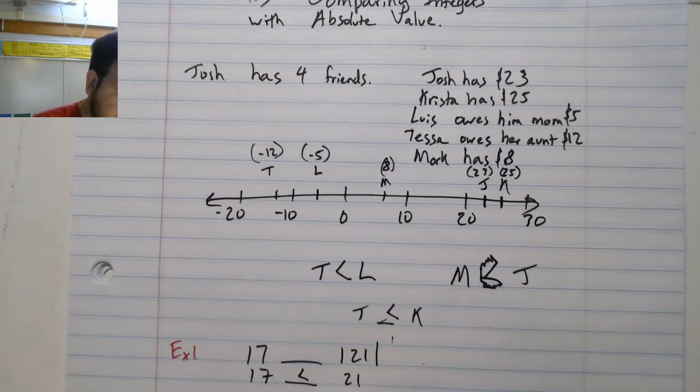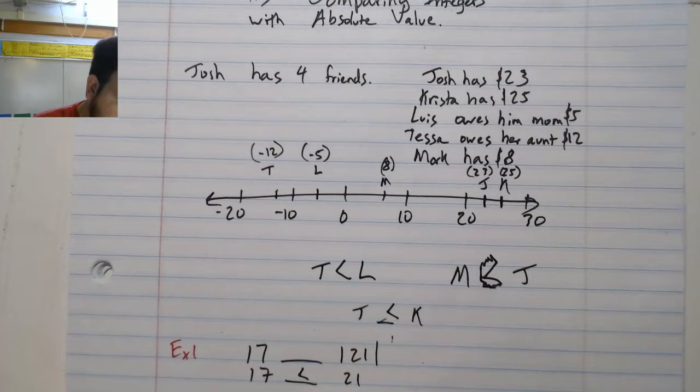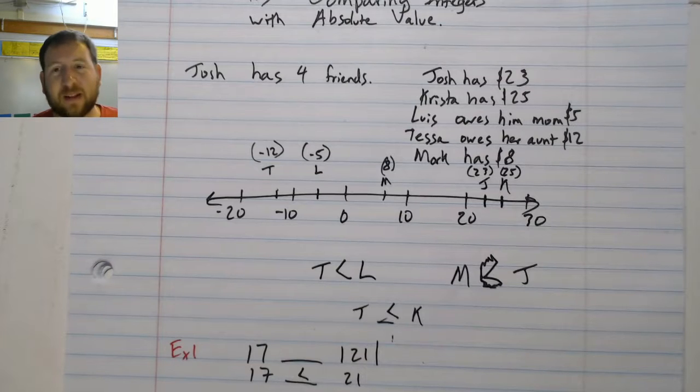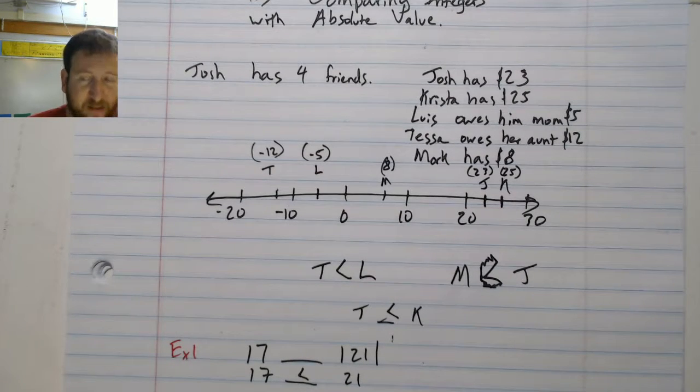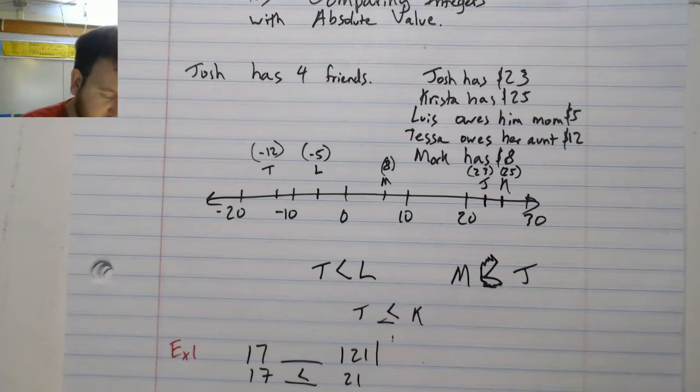This time, we have 6 and the absolute value of negative 15. Well, this I can clearly turn into 6 and 15, and that makes it clear that 15 is bigger than 6, so the absolute value of negative 15 is bigger than 6.